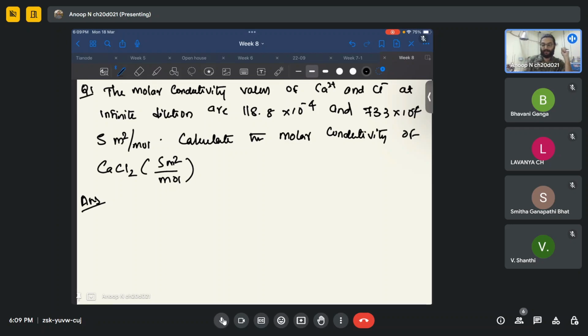Simple question. So what will be the answer? CaCl2 dissociates into Ca2+ and 2Cl-. The value for Cl- is 77.3, sorry, not 73.3. It is 77.3 into 10 raised to minus 4.